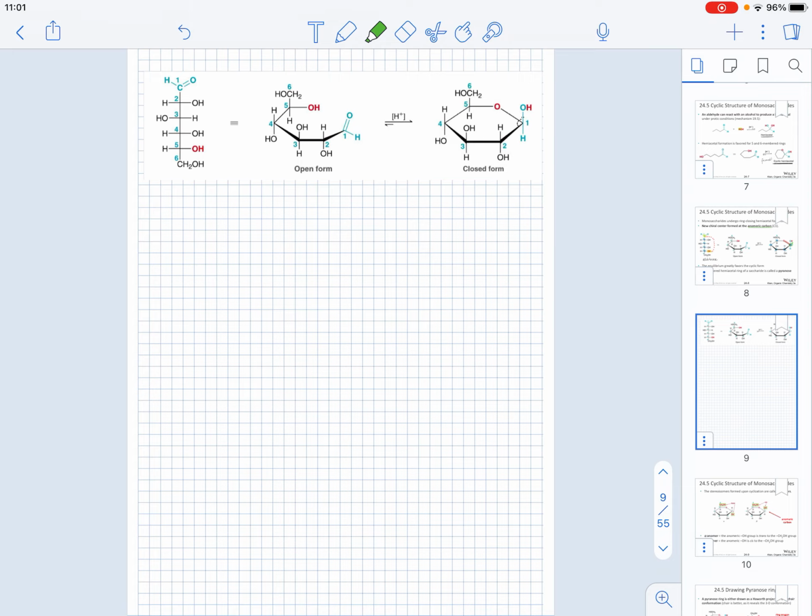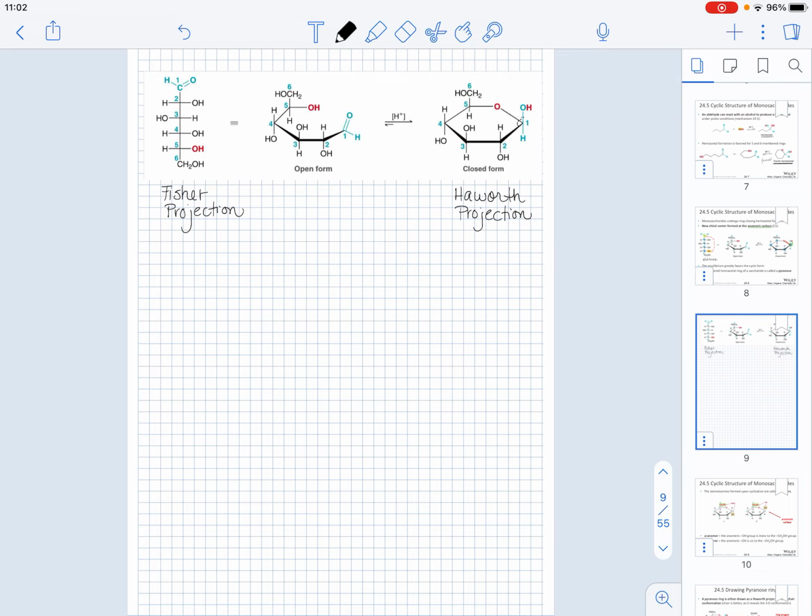So if we look closely at what the reaction is doing, and we're trying to figure out how we go from the Fischer projection to the closed form that is called a Haworth projection, it is actually fairly easy to understand how we have that interconversion.